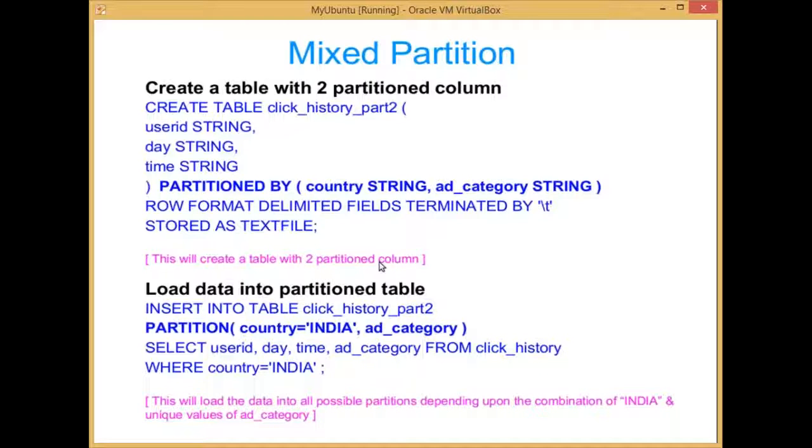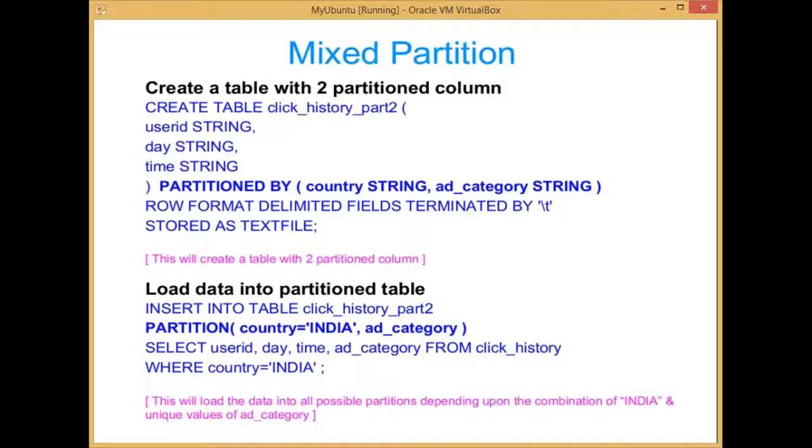Creation is fine. While loading the data, you decide whether you want to use static, dynamic, or a mixture of both. Let's have a look. Insert into table click history part 2, partition, country is equal to India. I am specifying the value, so that means it's a static partition.